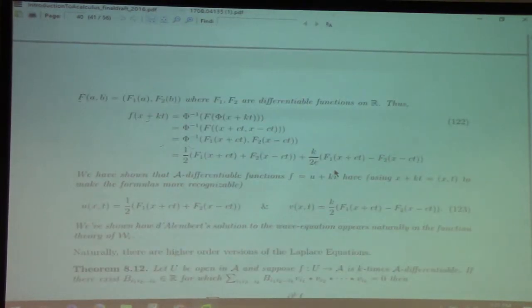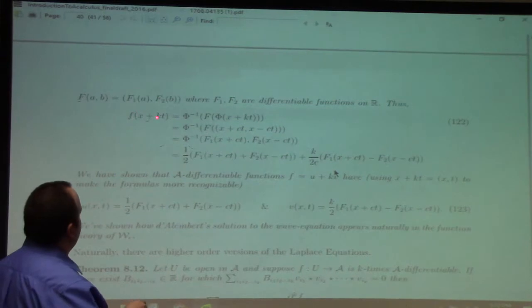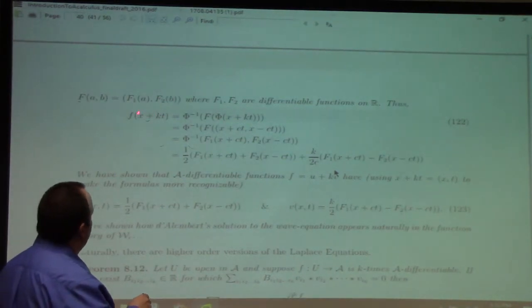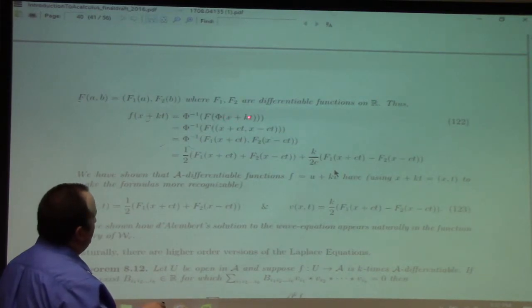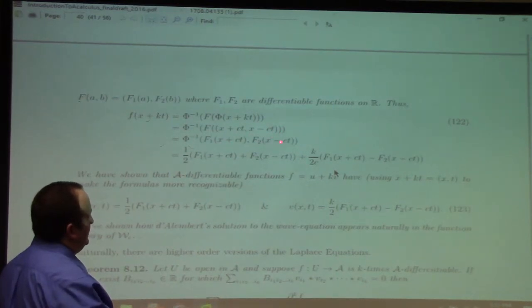Here's the explicit gory detail. So F of, and that's my typical point in the WC algebra, right? So that's going to be phi of that, which is that pair. And when we feed F that pair, it's F1 of the first component and F2 of the second component, right?